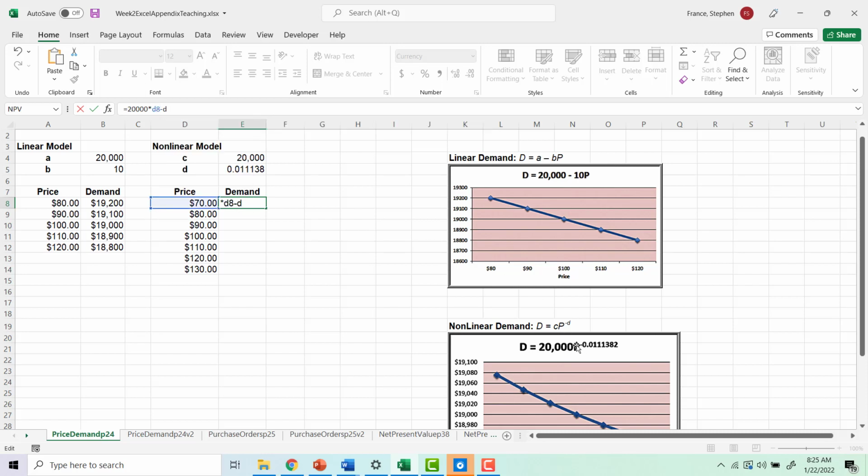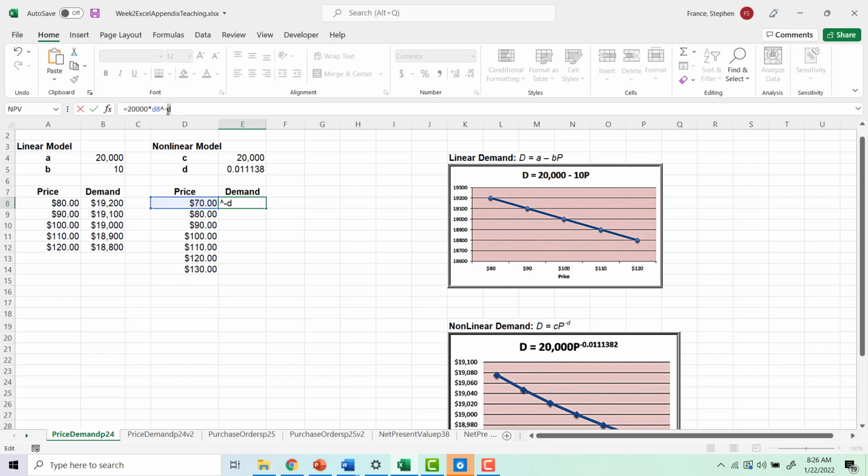Now, this is saying they want the price to the power of minus D. The power in Excel is this symbol here, above the 6 on your keyboard, so Shift and whatever is above 6. If you've got a really strange keyboard, it might not be true, but just look for the little pointy triangle on your keyboard, and that means power.